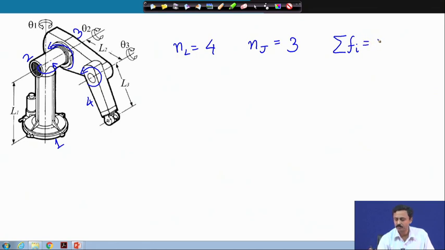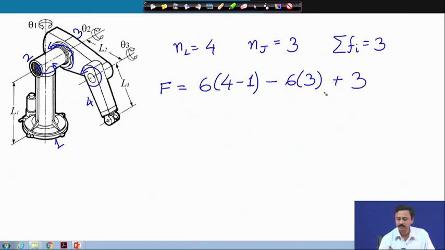So, 1 plus 1 plus 1, that gives us 3. Therefore, degree of freedom is 6 times 4 minus 1 minus 6 times 3 plus 3, that again gives us 3. Therefore, this arm also has 3 degrees of freedom, which are controlled or actuated by these 3 motors. This is the first motor, this is the second motor, and this is the third motor. So, this is completely controllable. So, 3 degrees of freedom and 3 actuations.